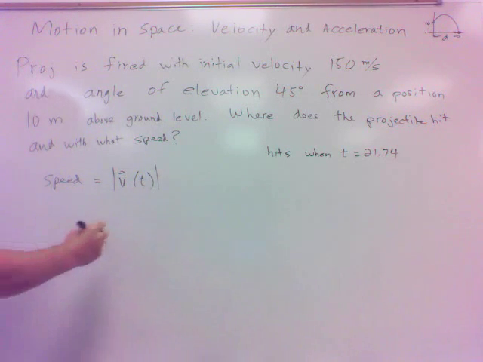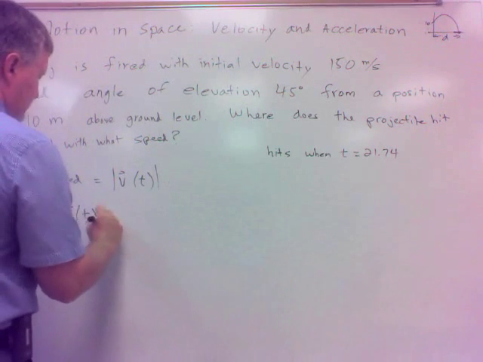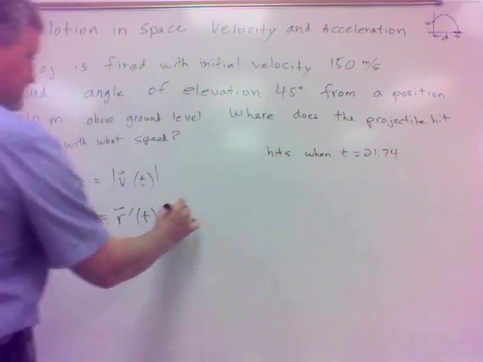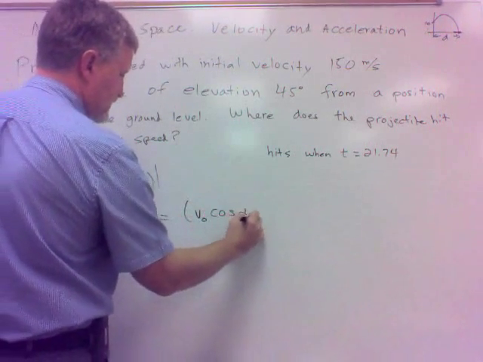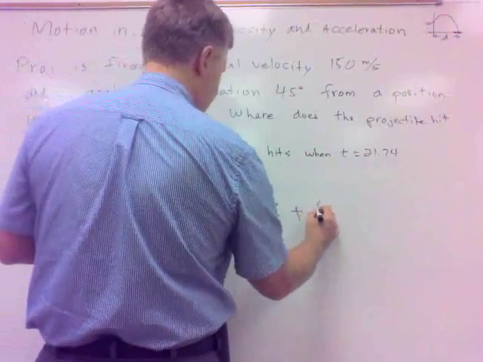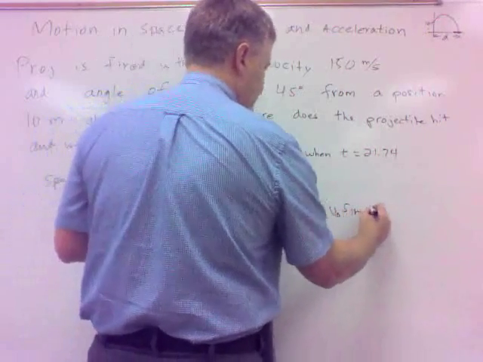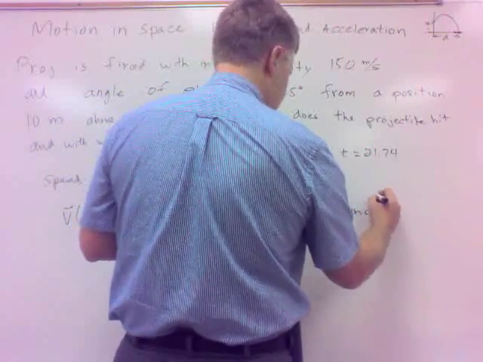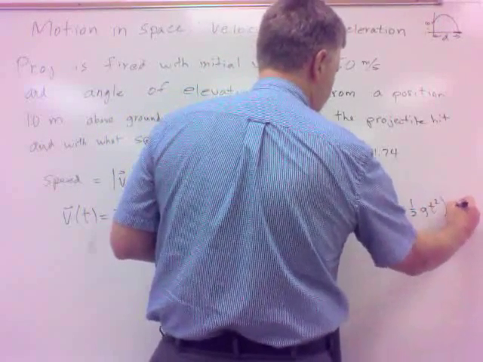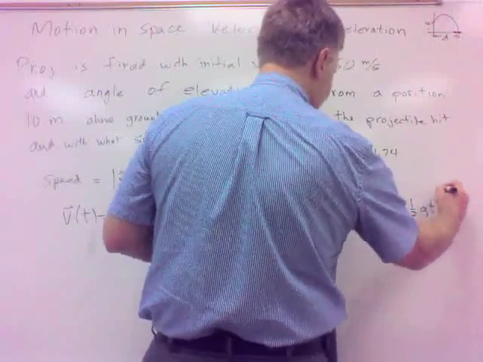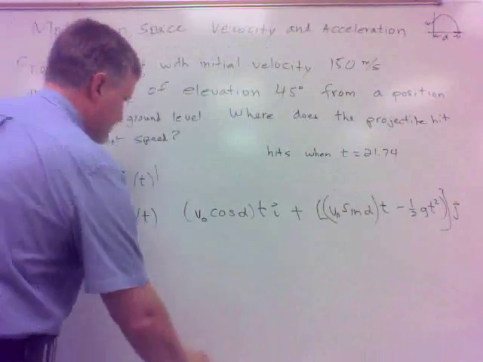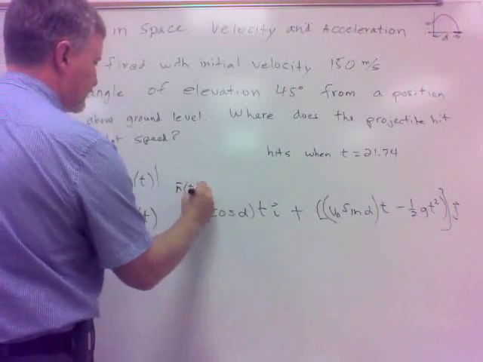It's r prime of t. And r prime we know was this from our calculations: v0 cosine of alpha times t i plus v0 sine of alpha times t minus 1/2 g t squared j.